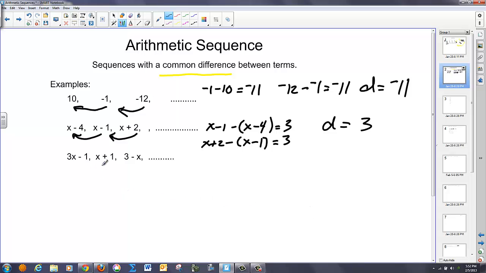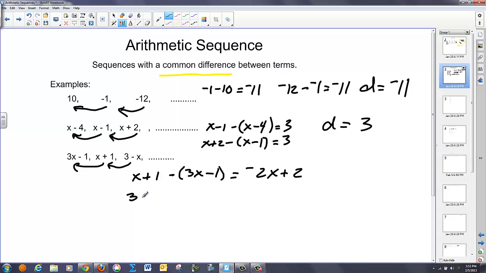Now once again, here's another variable expression. From x plus 1 to 3x minus 1, I get negative 2x, and minus a minus is a plus, plus 2 as my difference here. Let's try it again from the third term to the second term.